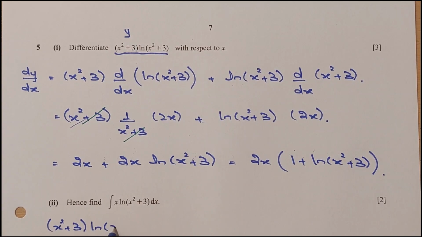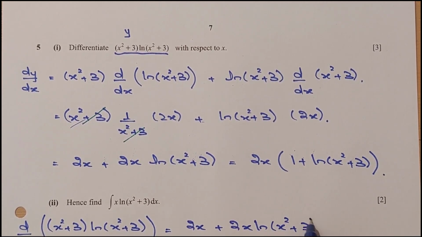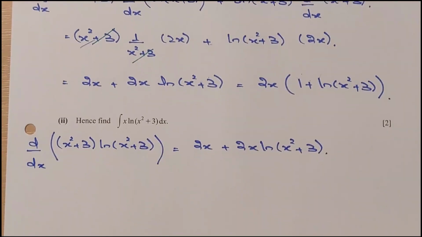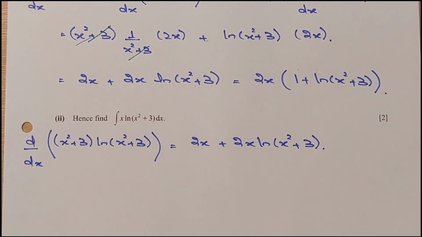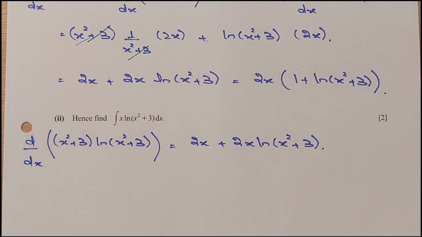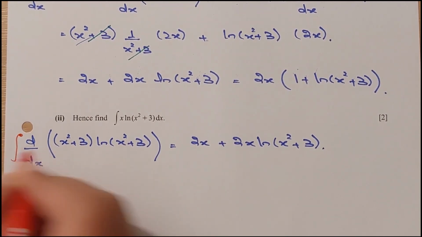We are given the function (x square plus 3) natural log of (x square plus 3), and its derivative d by dx of this function is equal to 2x plus 2x natural log of x square plus 3. Right. So we have to do the integration on both sides. Let me apply the sign of integration.